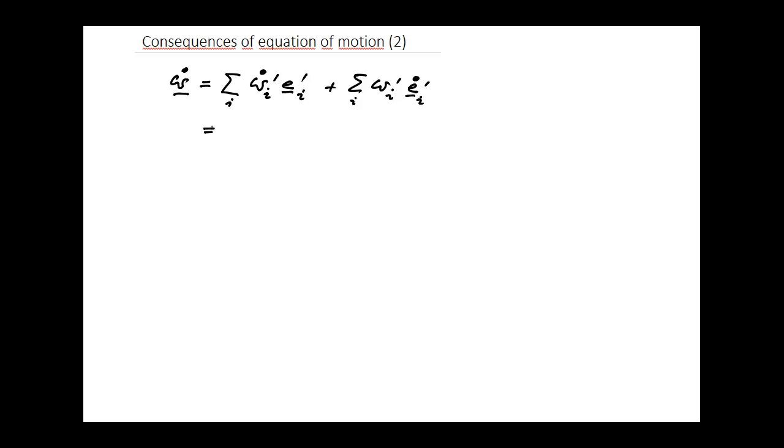And we can express that as, so the omega 1 prime dot, that's capital omega, omega 2 primed, times basis vector E1 prime, and the omega 2 prime dot, that is minus capital omega, omega 1 primed, E2 primed. So this comes from this first sum here.